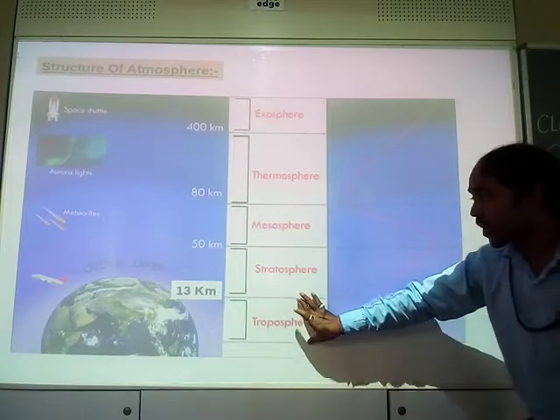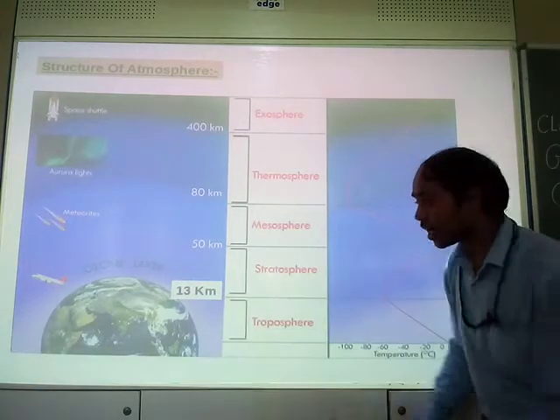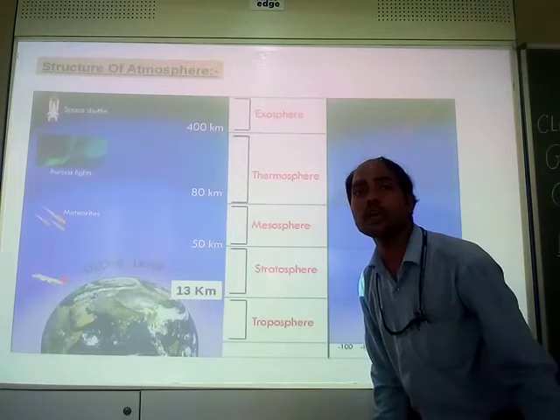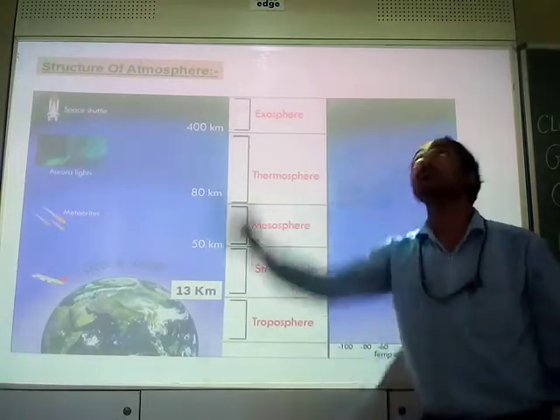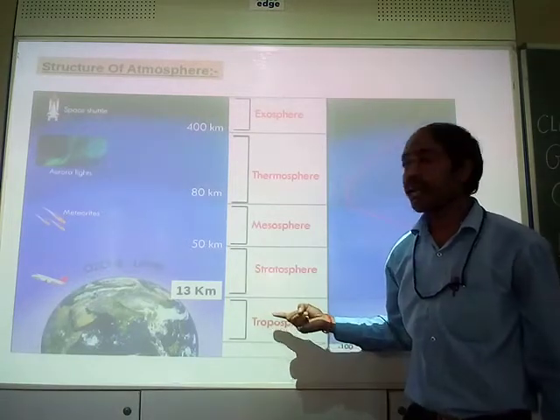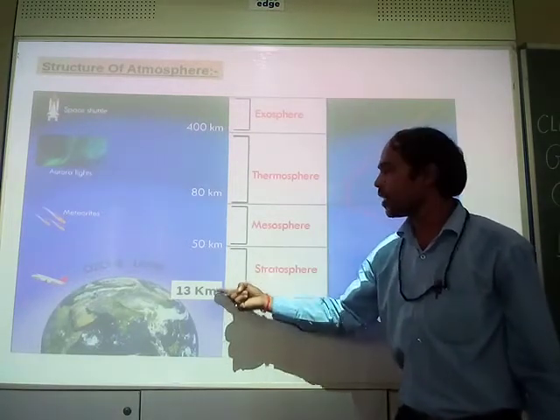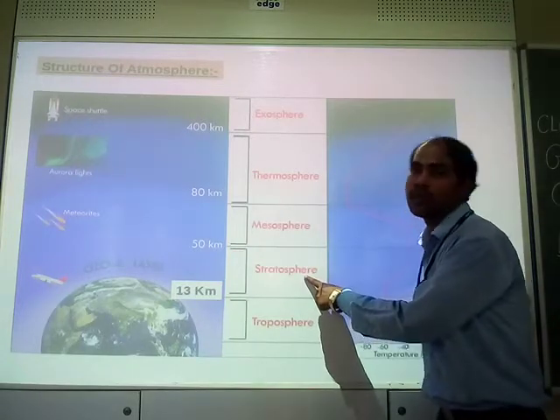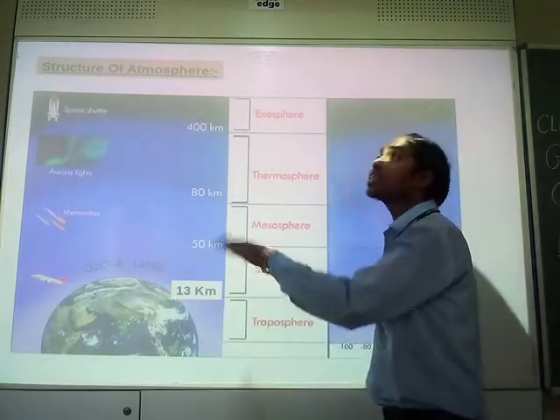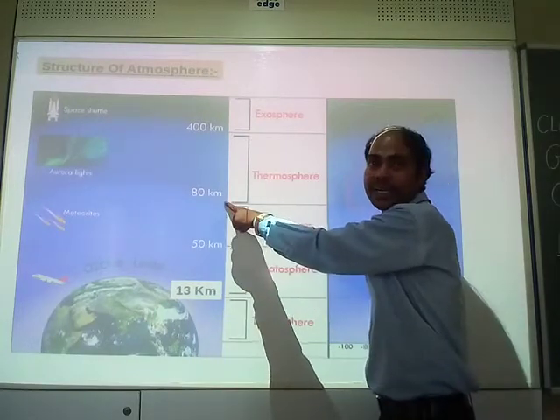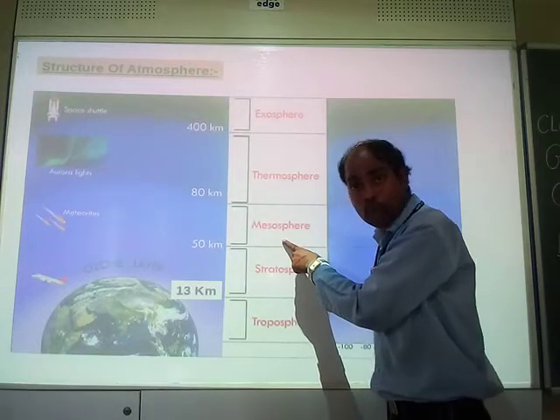Okay, troposphere, the lowermost layer, which extends up to a distance of 13 kilometers. If we go from here to 13 kilometers, it will be troposphere. From 13 kilometers to 50 kilometers, it will be stratosphere. If we go further beyond, from 50 kilometers to 80 kilometers, it is mesosphere.